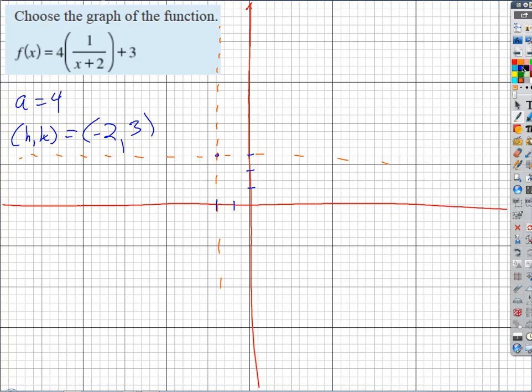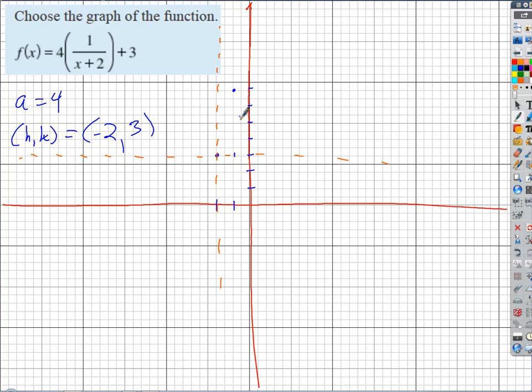And then A is 4, so what do we do? What's that tell us? Normally, where would be the point to the right, normally? Up 1. Right 1, up 1, okay. So this time though, we're gonna go right 1 and we're stretching it by 4. It's positive 4, so we go up, we don't go down. It's not reflected. So we go up 1, 2, 3, 4.